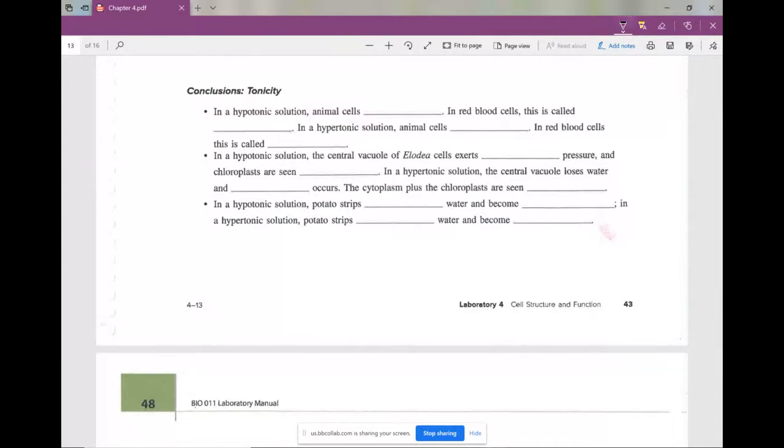So the results, conclusions are, in a hypotonic solution, animal cells will gain water, H2O. In red blood cells, this is called hemolysis.